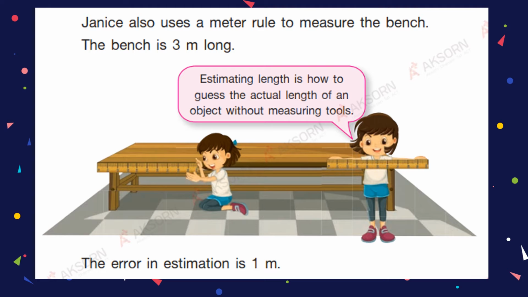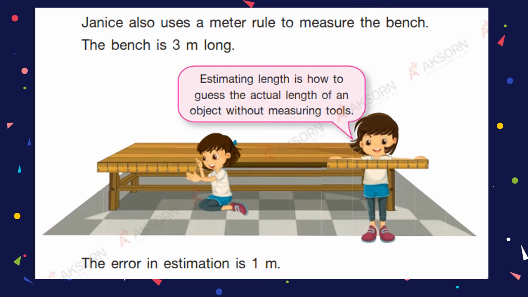Estimating length is how to guess the actual length of an object without a measuring tool. Estimating means you're just guessing the actual length of an object without using measuring tools.